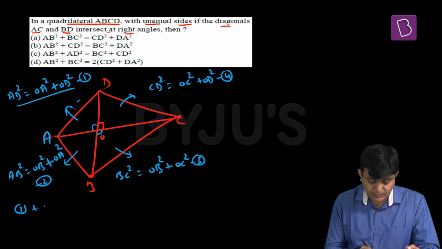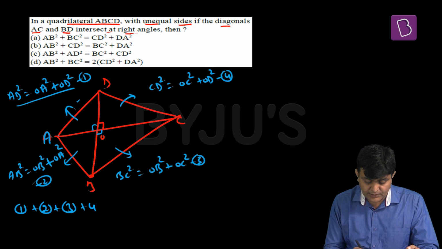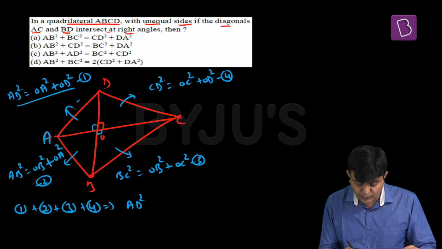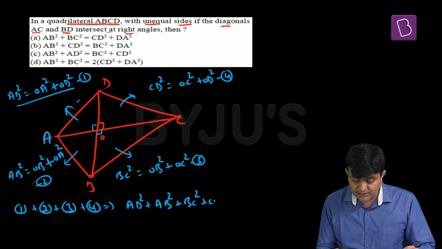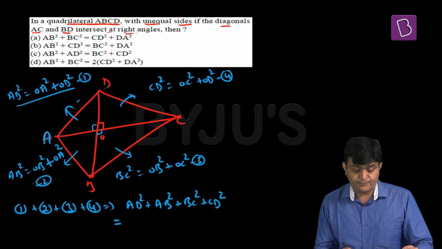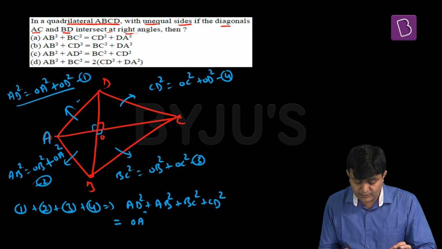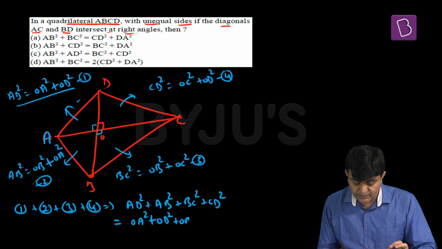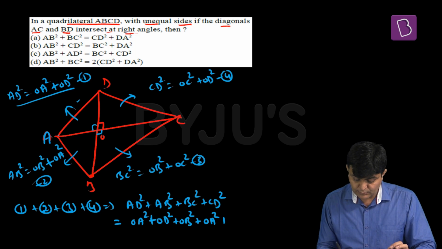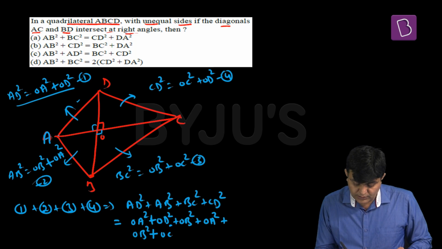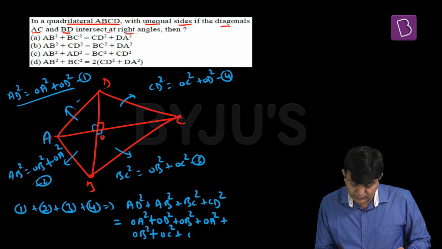So 1 plus 2 plus 3 plus 4 implies AD square plus AB square plus BC square plus CD square is equal to OA square plus OD square, plus OB square plus OA square, plus OB square plus OC square, plus OC square plus OD square.